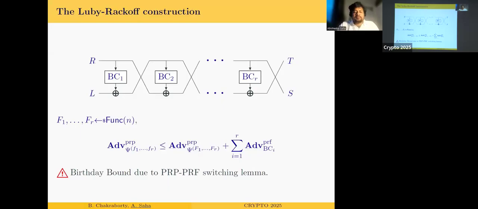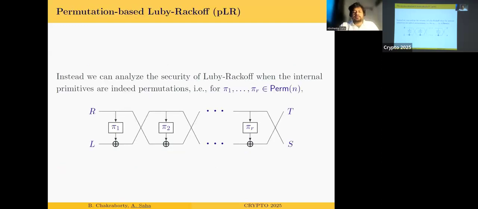So if the internal primitives are instantiated by block ciphers, then it's better to analyze the security of the Luby-Rackoff construction when the internal primitives are actually permutations and not functions. And this is called the permutation-based Luby-Rackoff, or in short, PLR.